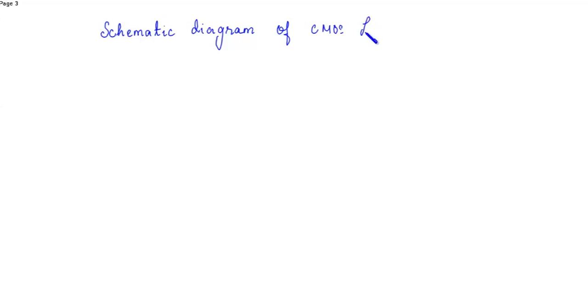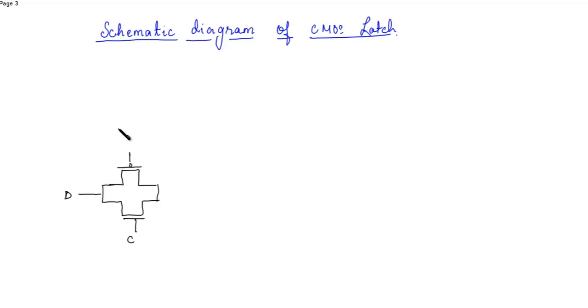If we use the transmission gates in a CMOS latch, then the schematic will be one transmission gate over here, this is PMOS and NMOS, this is the input D, this is the control input C, and this is C bar, the complement.